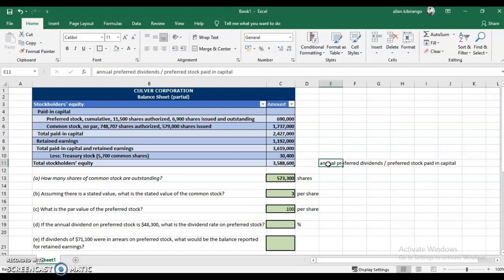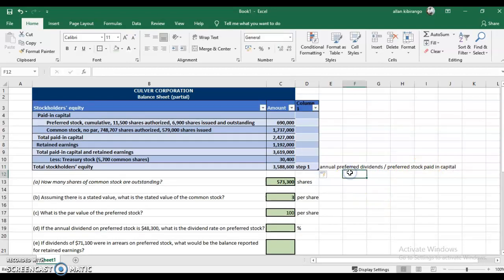So this is the first step. Step 1: the annual preferred dividends, you divide them by the preferred stock paid in capital.